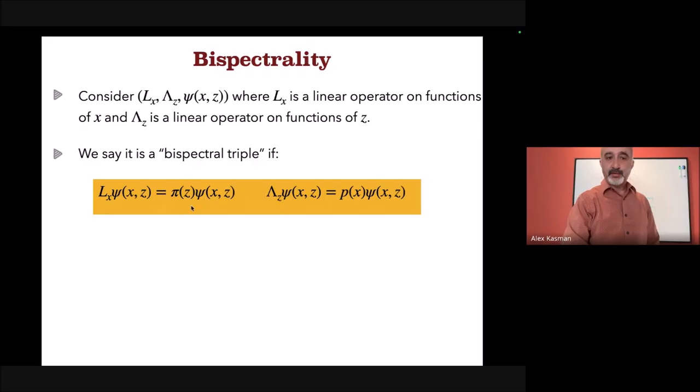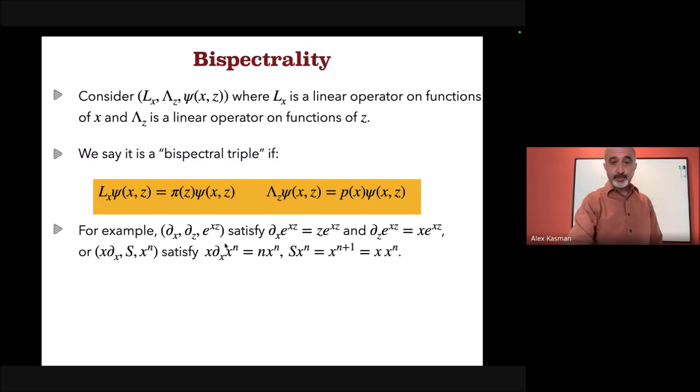So psi is an eigenfunction for L with an eigenvalue depending on Z, even though it's an operator in X. And the same function psi is an eigenfunction for the operator lambda acting in Z, but now the eigenvalue depends on X. That's called bispectrality.